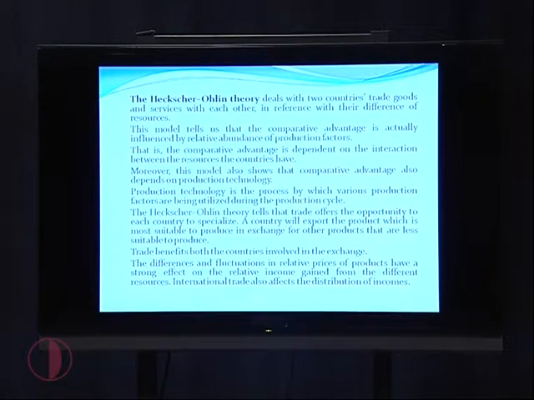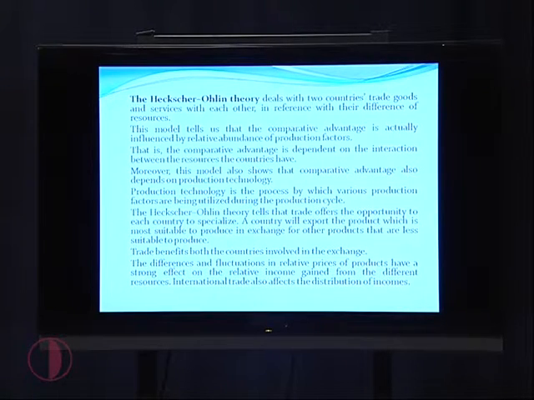Let me start. The Heckscher-Ohlin theory deals with two countries trading goods and services with each other in reference to their difference of resources. This model tells us that the comparative advantage is actually influenced by relative abundance of production factors.